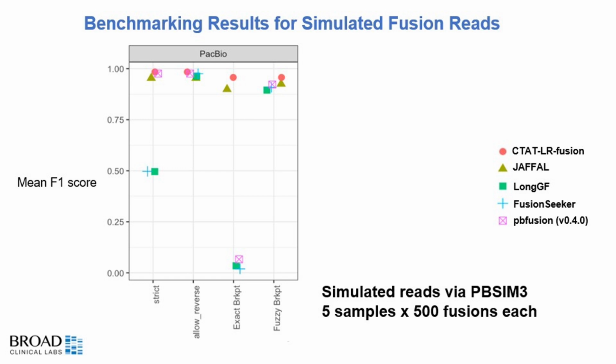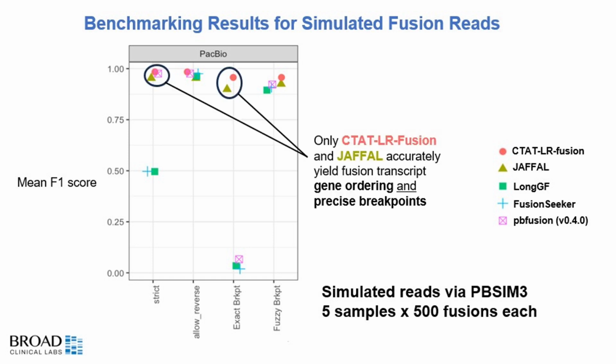Here we have the simulated PacBio reads. We did 5 samples with 500 fusions in each sample, and here's the results according to the different ways in which we compared them, requiring strict gene symbol ordering, allowing for either orientation, requiring strict breakpoint resolution, or allowing for fuzzy breakpoints.